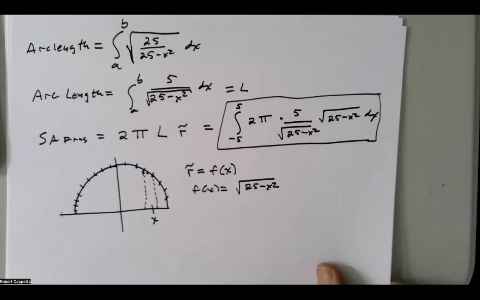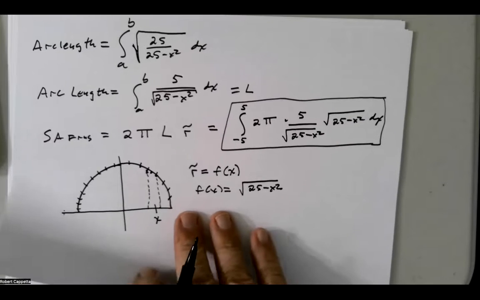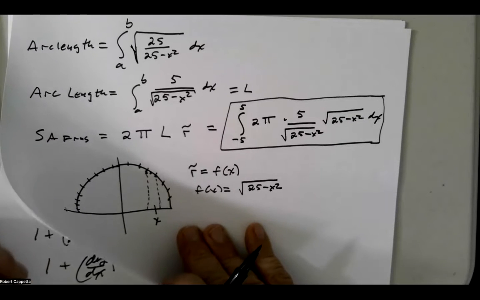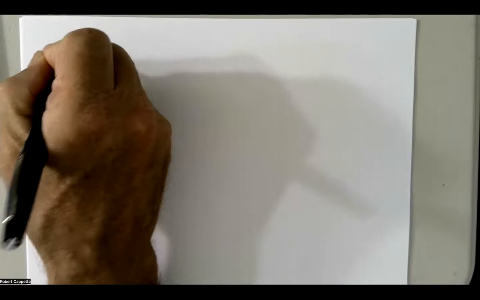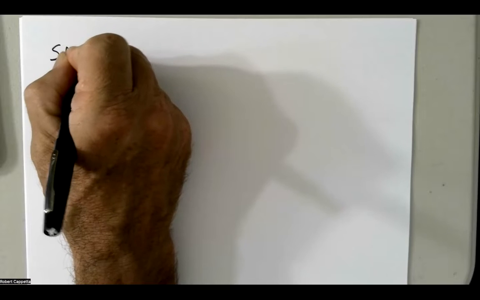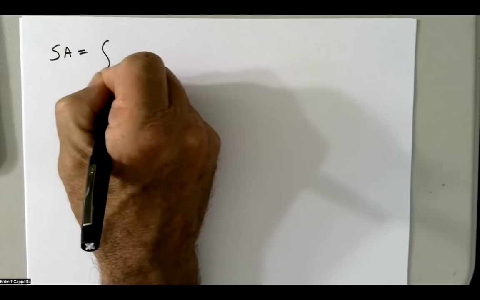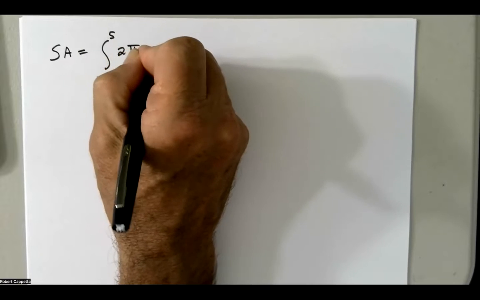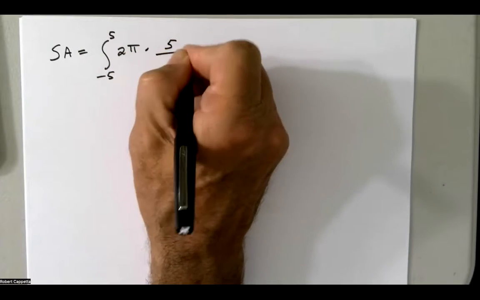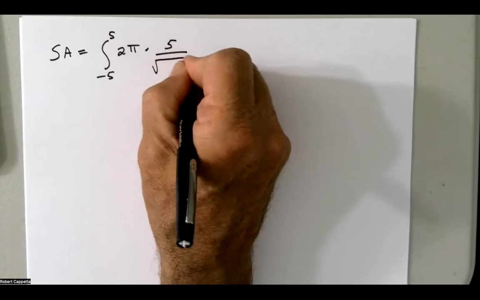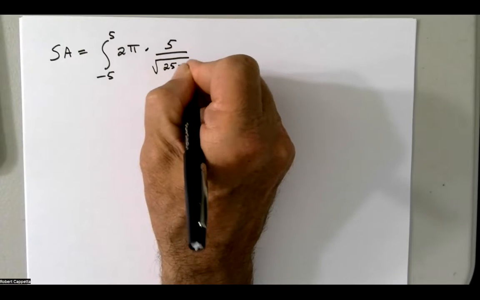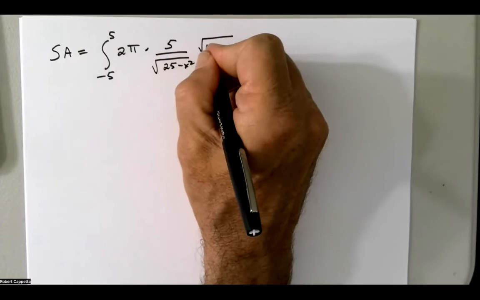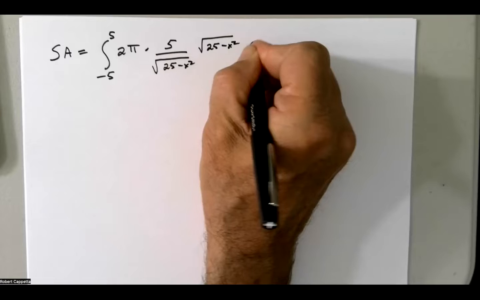So let's quickly evaluate this. What is that going to give me? Copying it again, the total surface area of the solid of rotation is the integral from -5 to 5 of 2 pi times 5 over the square root of 25 minus x squared times the square root of 25 minus x squared dx.